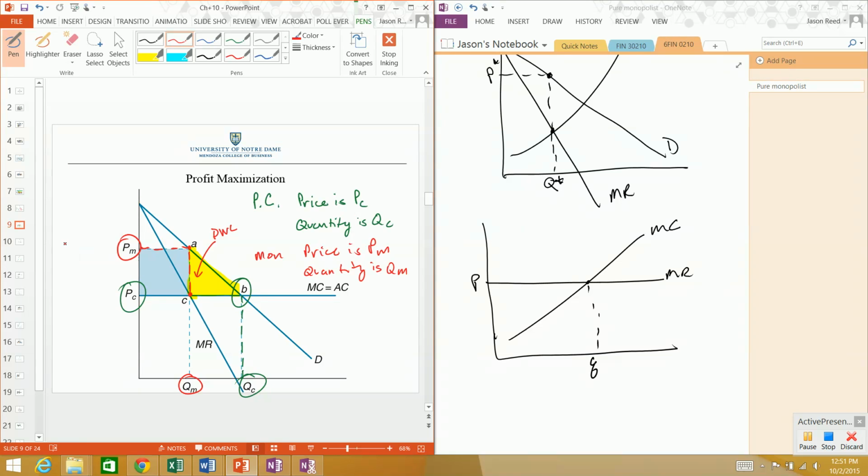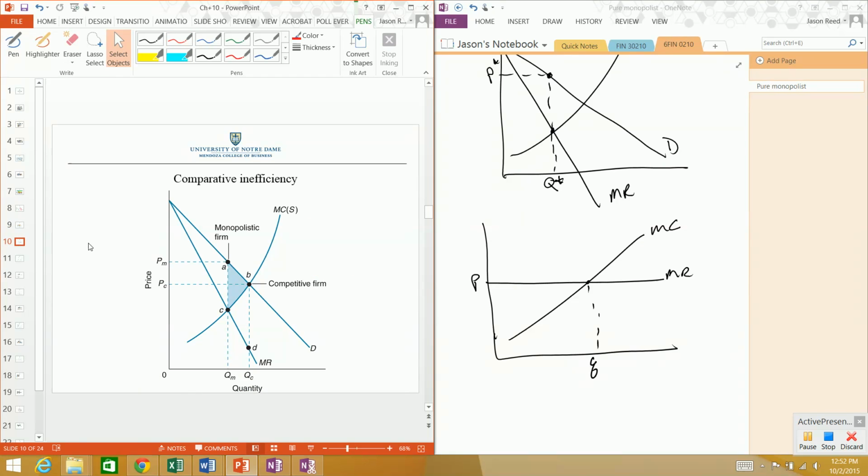As we move on, outside of our comparison between the perfectly competitive industry and the monopolist, we go back to the monopolist industry with this upward sloping marginal cost curve. Again, in order to profit maximize, we find this point C, go down to QM, go up to A, go over here to PM.